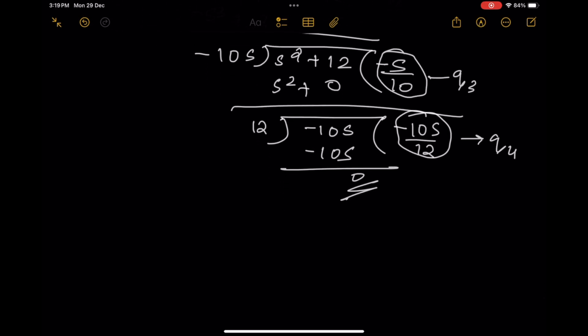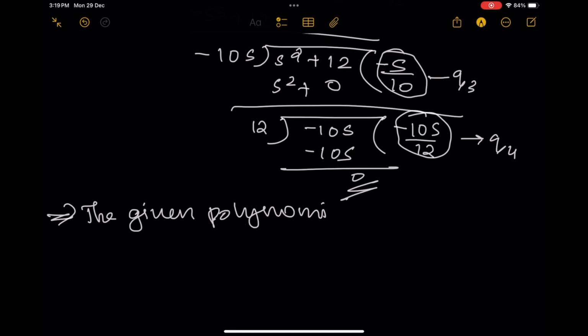If all the quotients are positive, we could say that the polynomial is a Hurwitz polynomial. Now that we have seen negative quotients in the continued fraction division, we could not say the polynomial is Hurwitz. Hence, we will say the given polynomial is not Hurwitz.